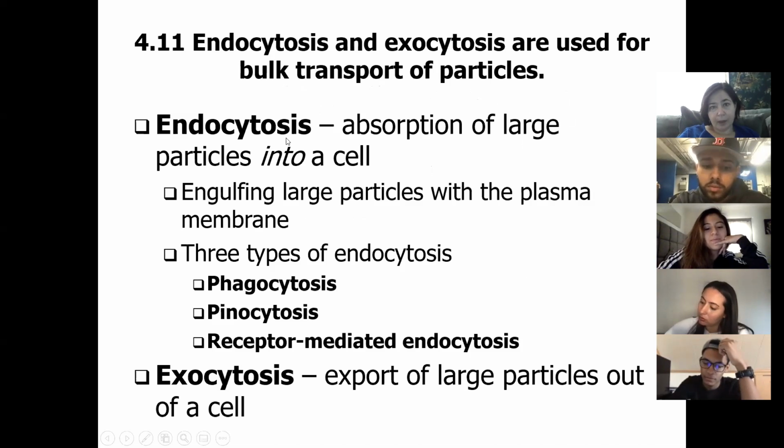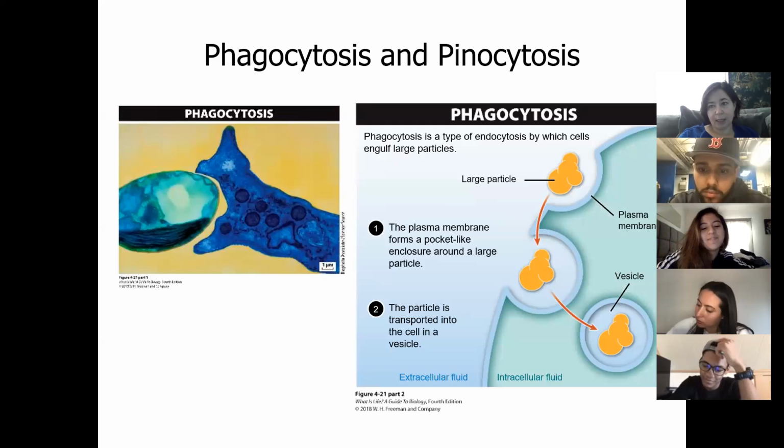Okay, the last part about transport is endocytosis and exocytosis. I told you cyto is cell, endo is inside, exo is outside. Sometimes cells take a big delivery, a bunch of molecules, and it doesn't make sense to let them in through diffusion or facilitated diffusion.